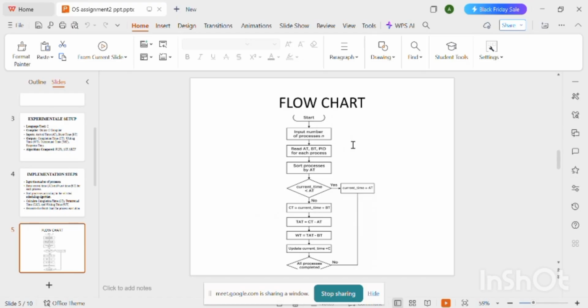Calculate the waiting time: turnaround time minus burst time. Update the current time, then check if all processes are done. If not, repeat the steps for the next process, and end when all processes are scheduled or completed.